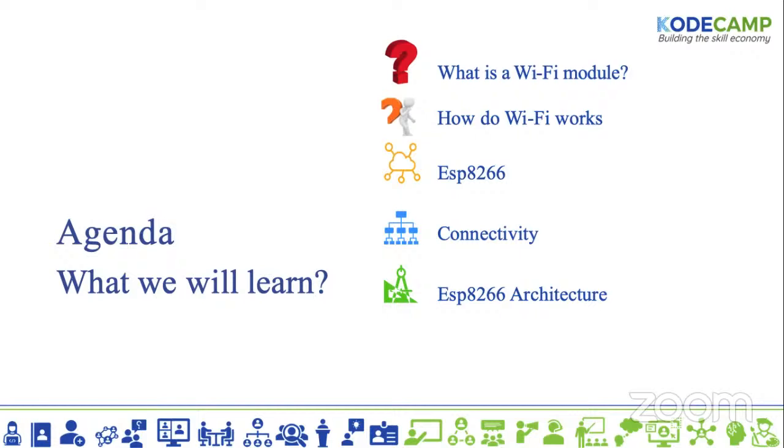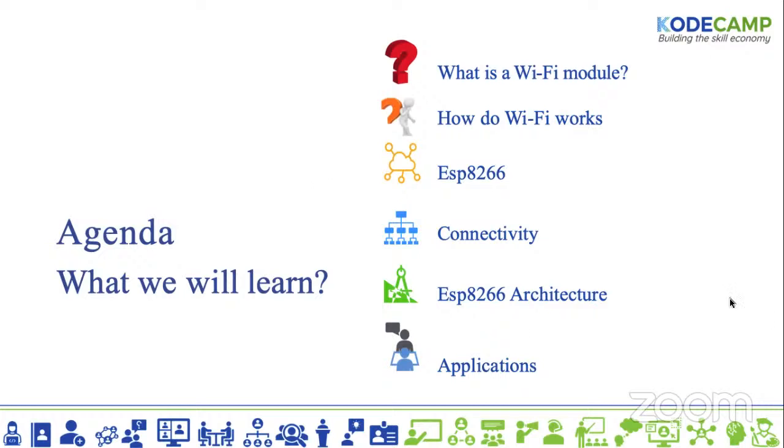With that, we know what each pin can do, and how we can make good use of each pin. Then we are going to look at general applications of the ESP8266. So that's the agenda for our class today, and then we are going to move into that.